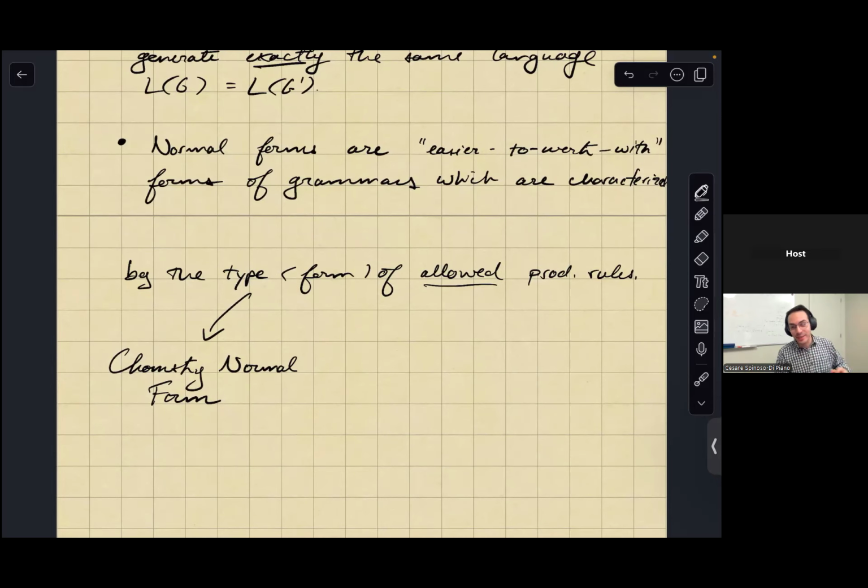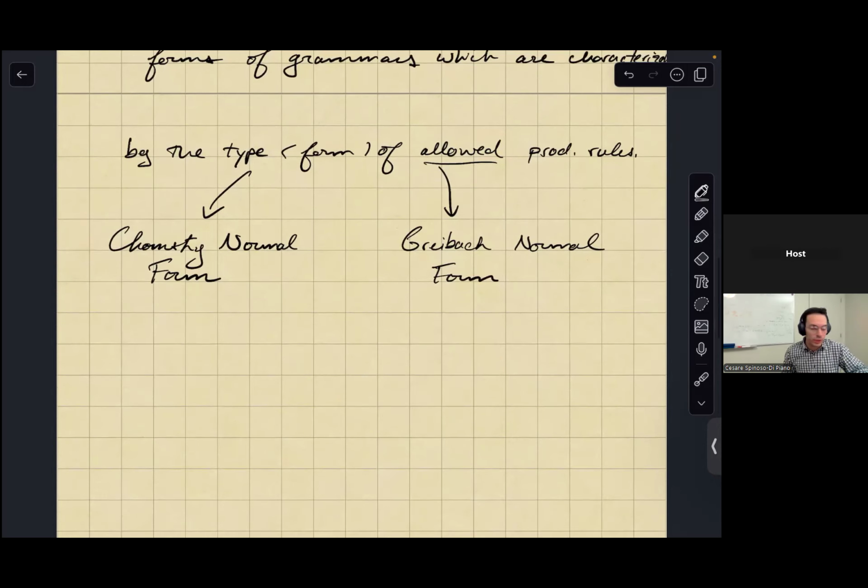But in this context, he was developing normal forms in the context of linguistics, because he is a very passionate believer of grammars and of context-free grammars. So that's one type of normal form, which we'll see in a second. The other one is known as Greibach normal form, also named after a researcher in computer science.